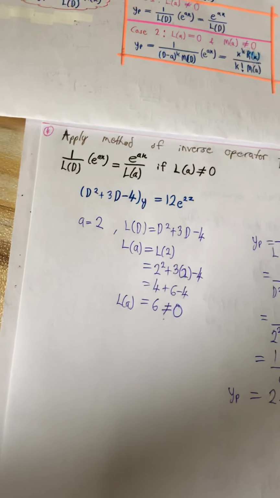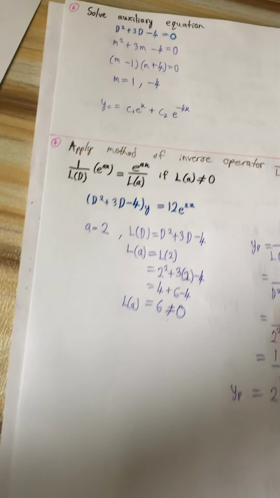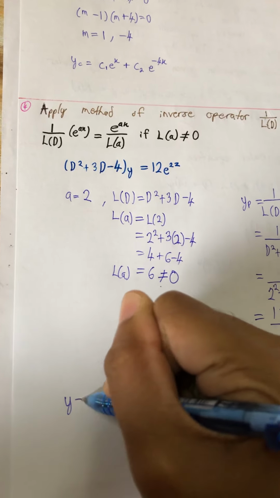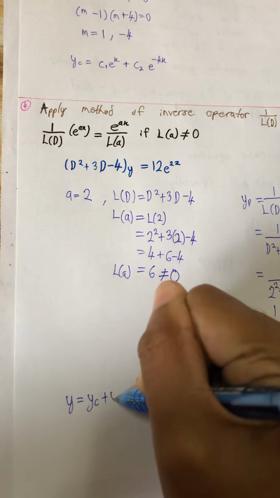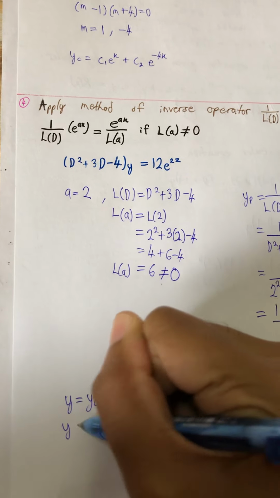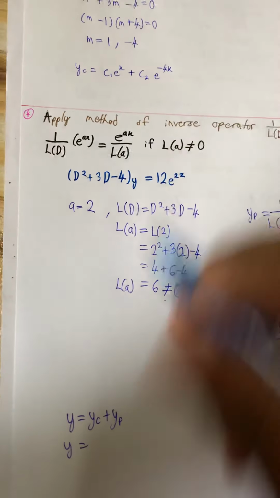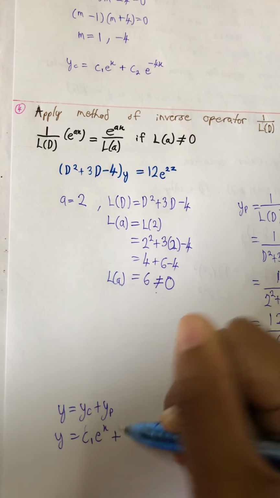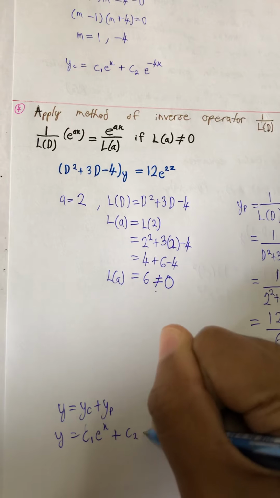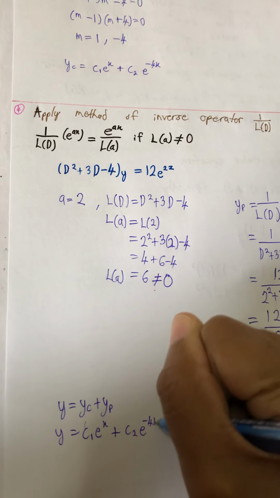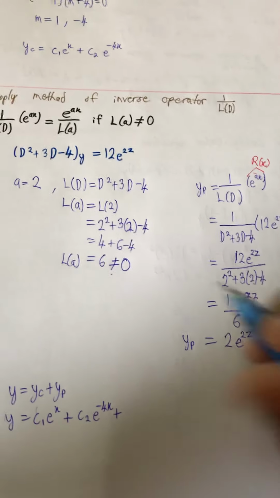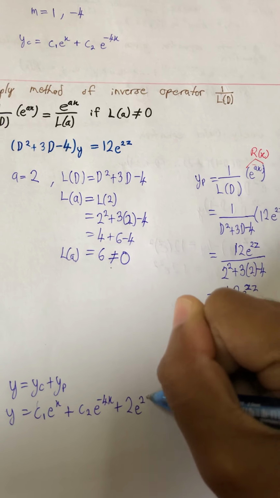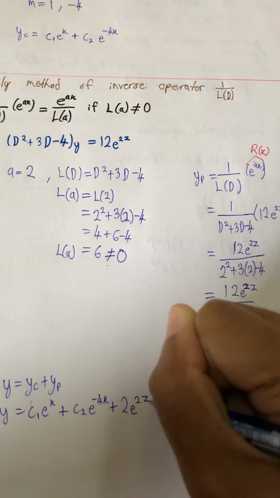So for the final solution, we just add our yc with yp. So our solution is y equals yc plus yp, where our yc is c1 e to the power of x plus c2 e to the power of minus 4x, and then plus our yp, which is 2 e to the power of 2z.